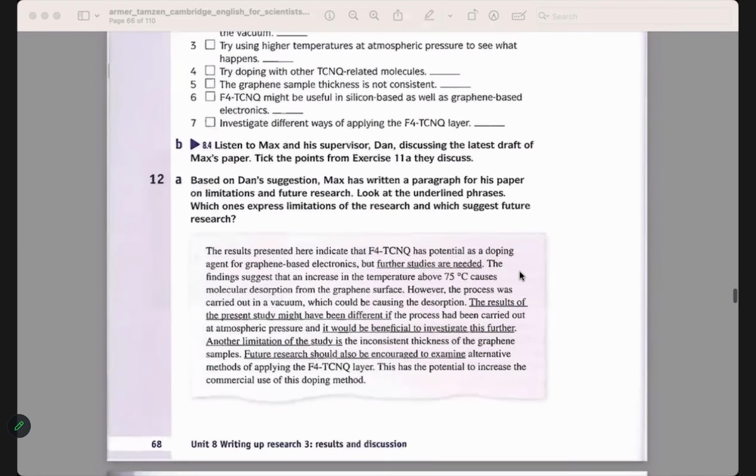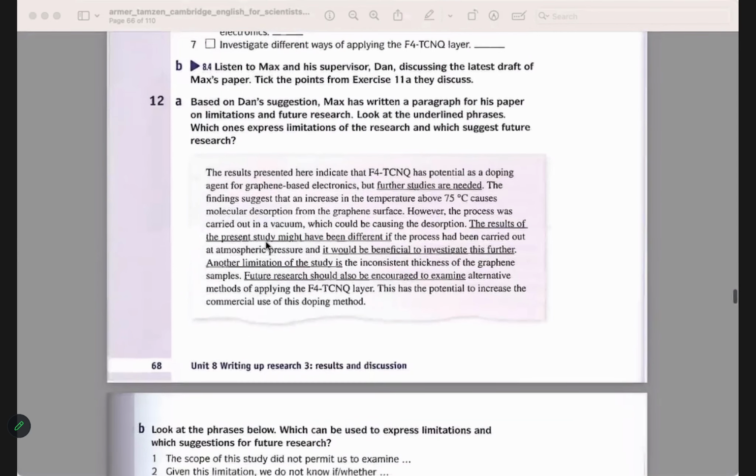Okay, and some phrases like how it looks in the whole text. The phrases devoted to limitations or future research ideas in this text are underlined. So the first one, is it limitation or future research? For future research. Further studies are needed. The results of the present study might have been different if... It's a limitation.